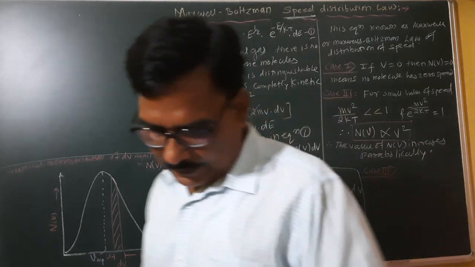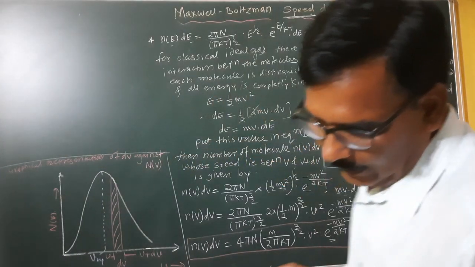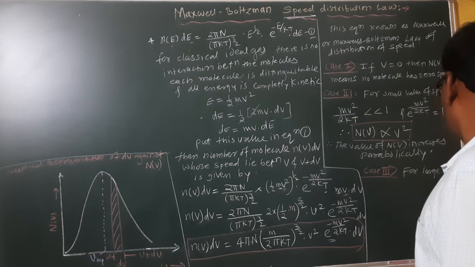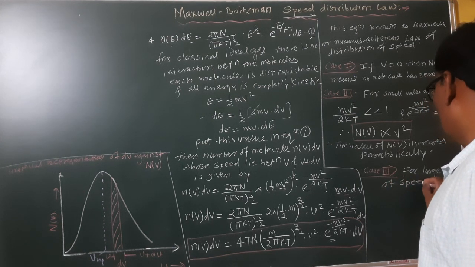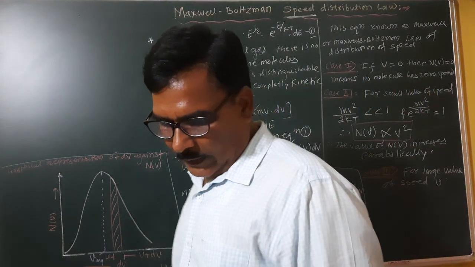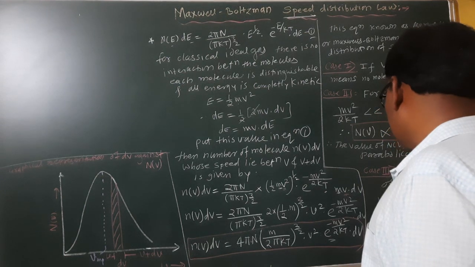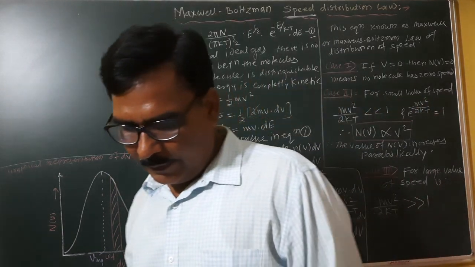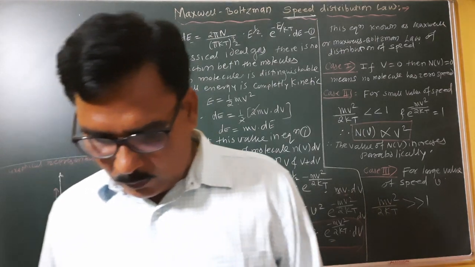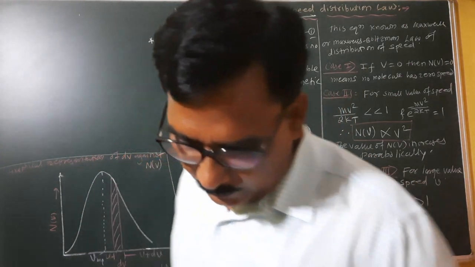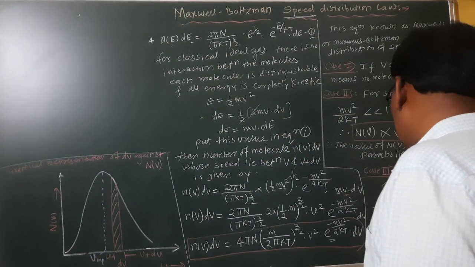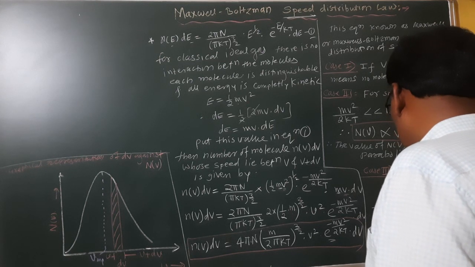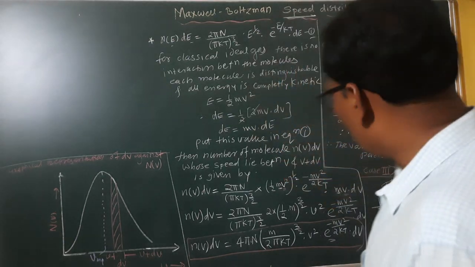In case 3, for a large value of speed v, m v square upon 2 k t is very, very greater than 1, and e raised to minus m v square upon 2 k t dominates over v square.